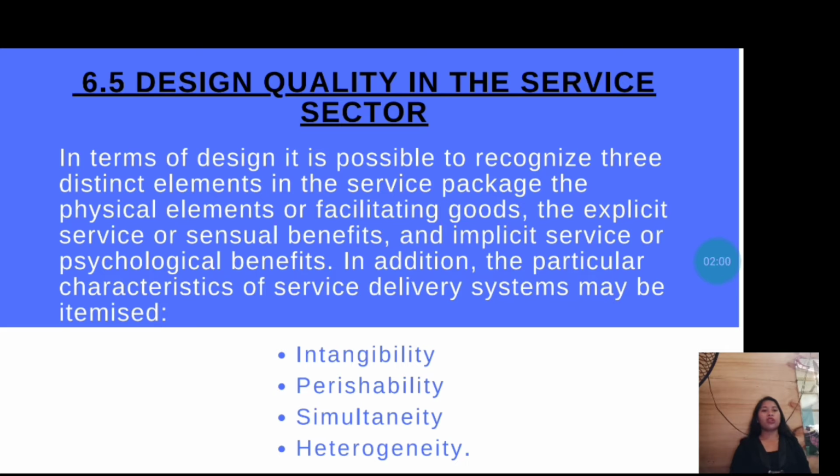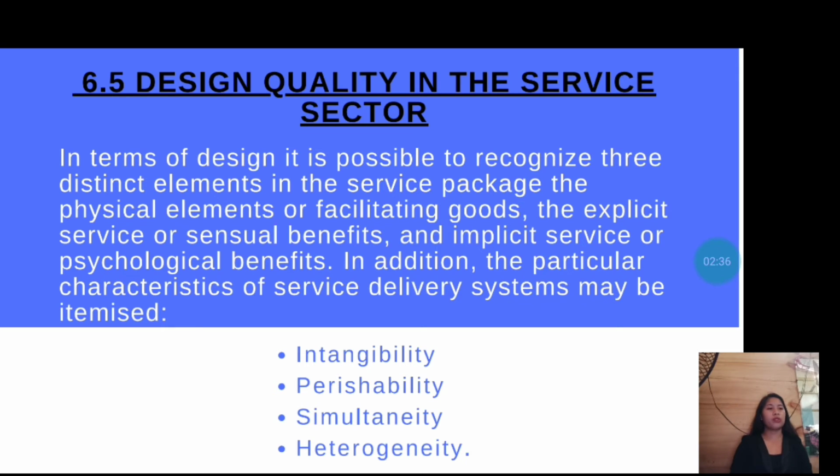So it refers to the property of the service which makes it compulsory to produce and consume the service at the same time. So next is heterogeneity.